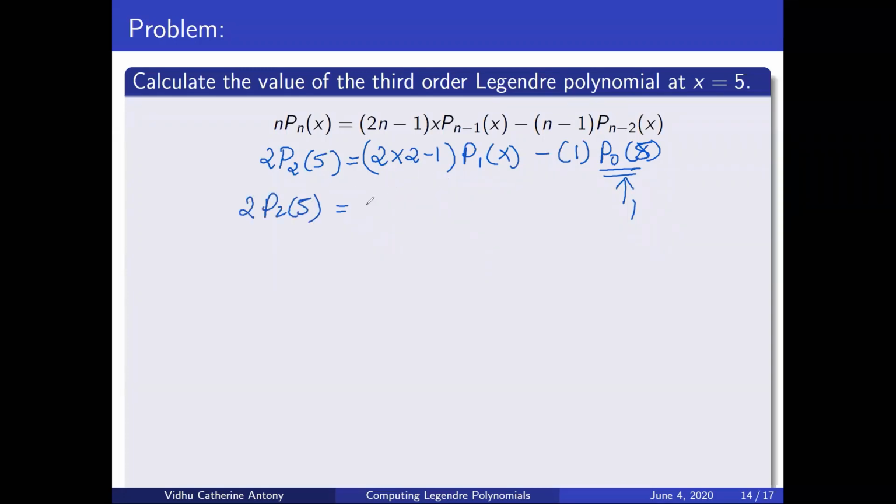This is going to be 2 twos are 4 minus 1, which is 3 P1 of x minus 1 into 1. This value is x itself, so that's actually a 5. So 3 into 5 minus 1 divided by 2 should give you your P2 of 5.